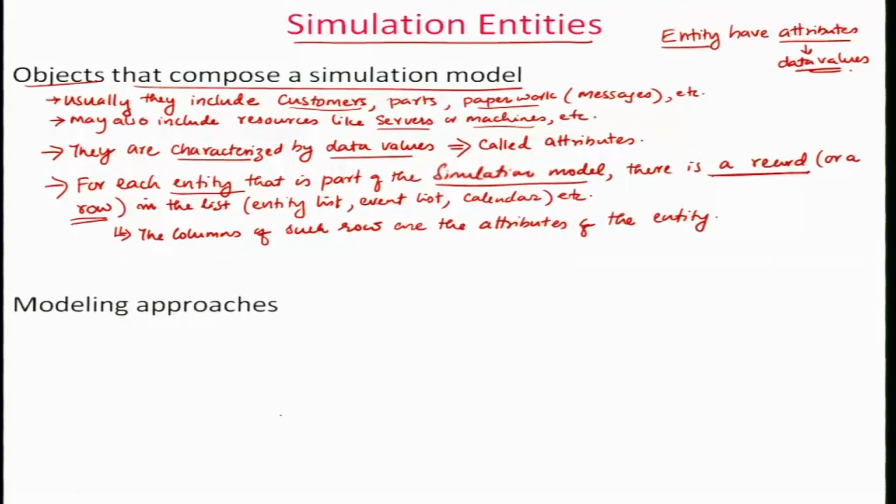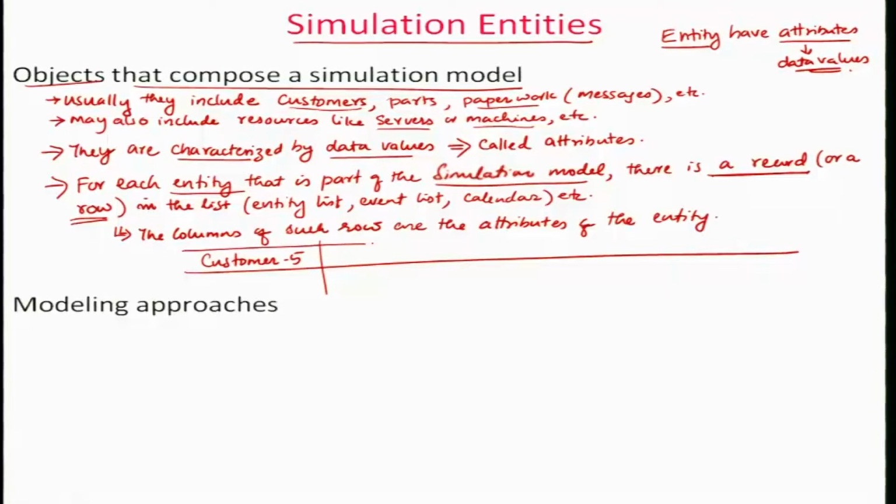So, here, if you say that a customer 5 arrived, and this is an entity, then this will be the row of the entity, and one of the columns will be the arrival time, then you will have another called service start time, service end time, departure time. Let us say these are the attributes of this particular case.